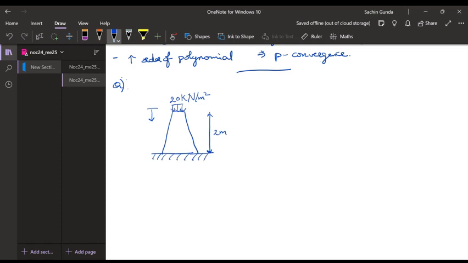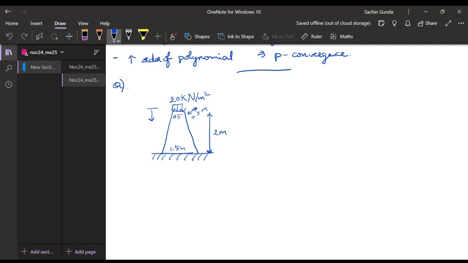The width at the top is 0.5 meters, the breadth at the top is 0.5 meters, and at the bottom it's 1.5 meters. This was the problem which we were solving in the last class.